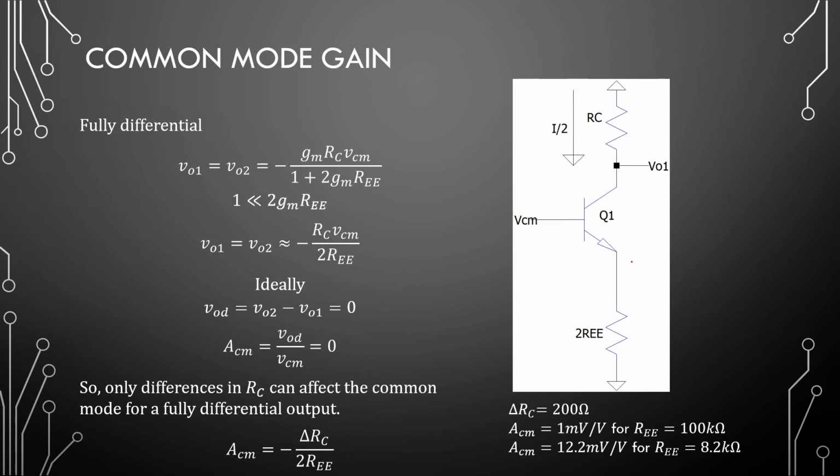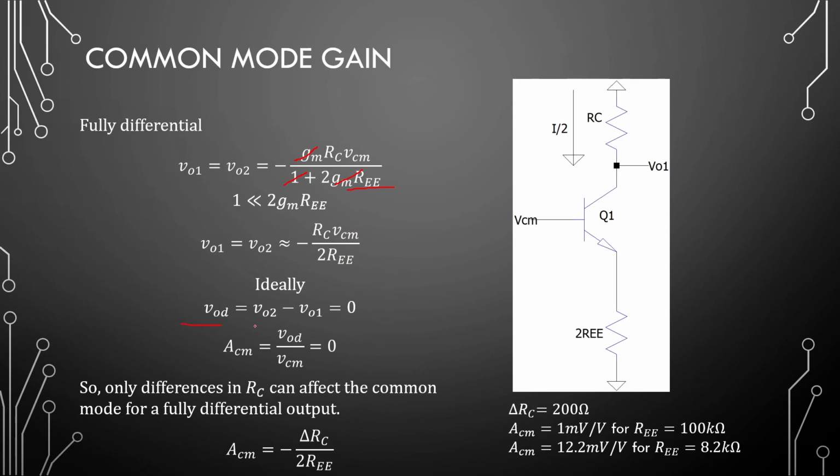Right, so with this resistor here, we have some degeneration going on, and 1 plus GM REE, if REE is much larger value, the 1 will cancel, the transconductances will cancel, and we will be left with RC over 2 times REE.